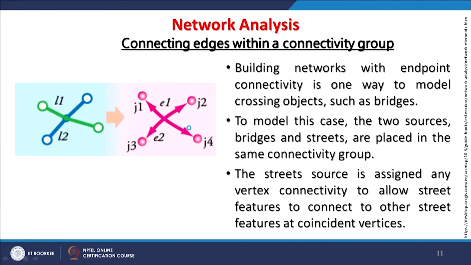We have to model, that means to organize, the two sources, bridges and streets, placed in the same connectivity group, and only then can these things be used in GIS.